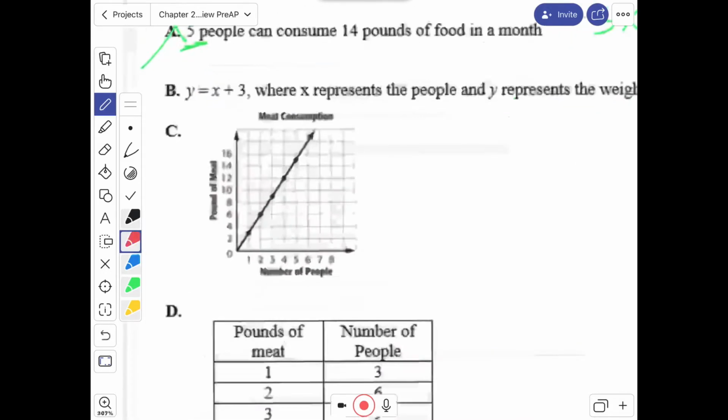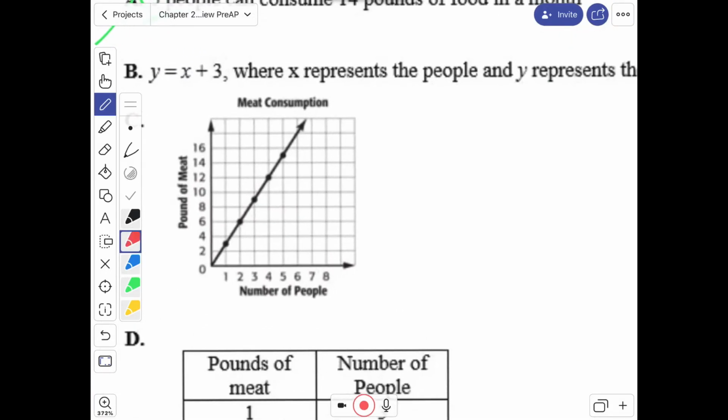C. Let's check out some of those numbers they have on there. Remember, one person would be, I want to make myself a little chart. One person would be 3 pounds. And we're multiplying by 3 every time. So 2 persons would be 6 pounds. Is that what the graph shows?